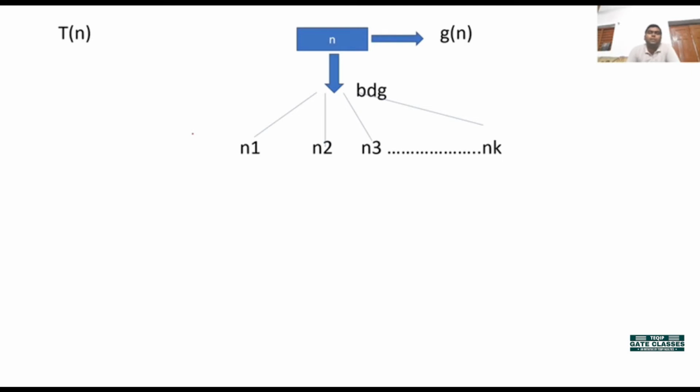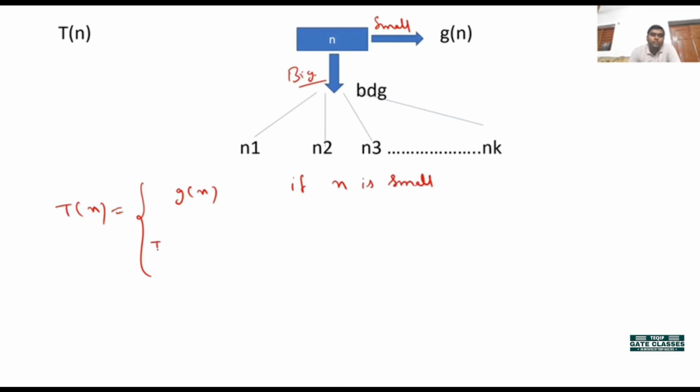It may also be the case that we are not dividing the problem into exact parts like n by 2 and n by 2, but into different partitions, let us suppose n1, n2, n3, n4. If the problem is small enough, move to this part, and otherwise if the problem is big, then divide it. So the time taken is g of n if n is small.